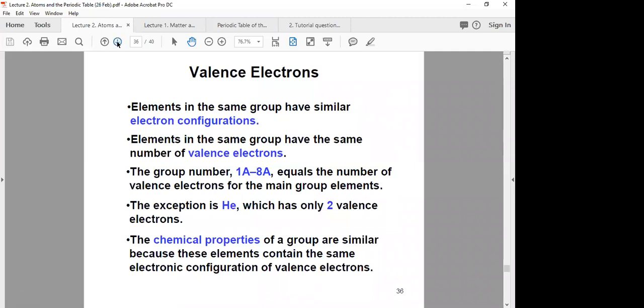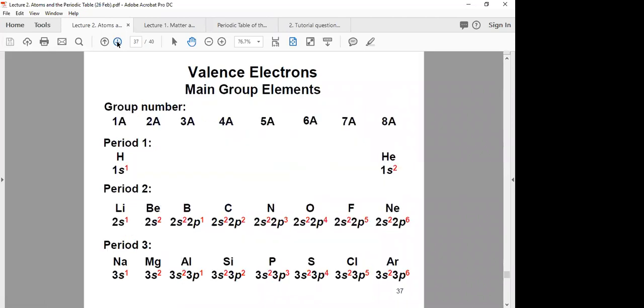So let's look at that here. Just for the main group elements, we can apply this rule. So remember from an earlier slide, main group elements are found in groups 1A, 2A, through to 8A.